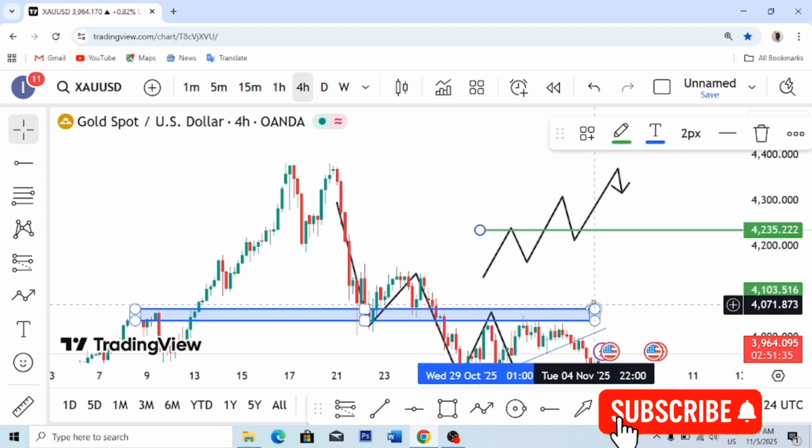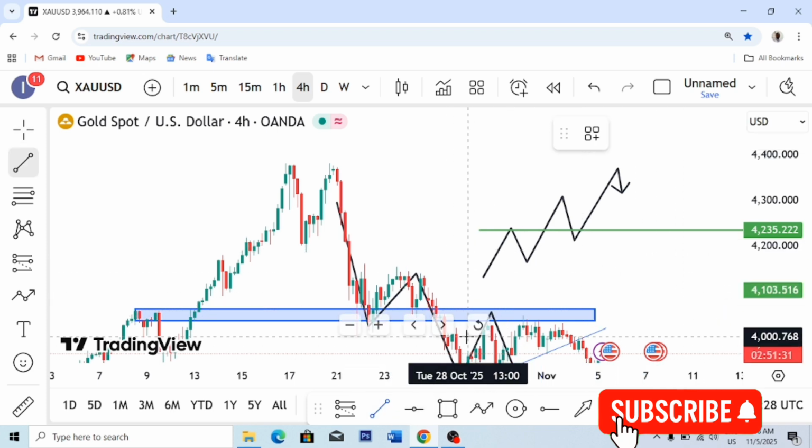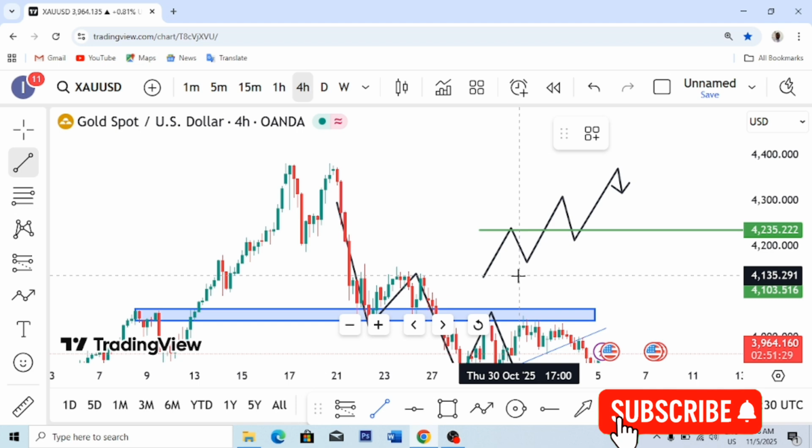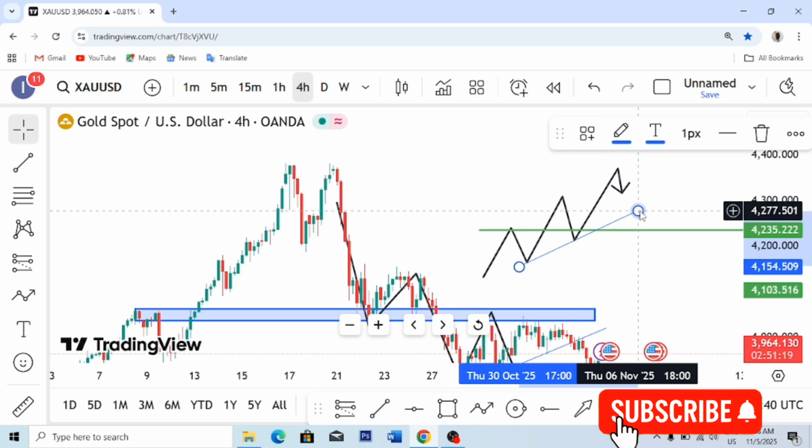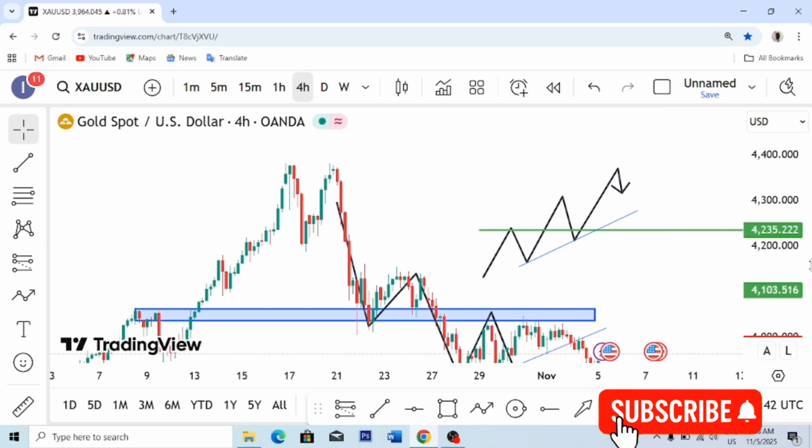So once you build your confluences, maybe you draw your trend line right here again. You draw your trend line and extend it to the right, to the future, then wait for the market to go to that level so that you get that opportunity to buy, right?